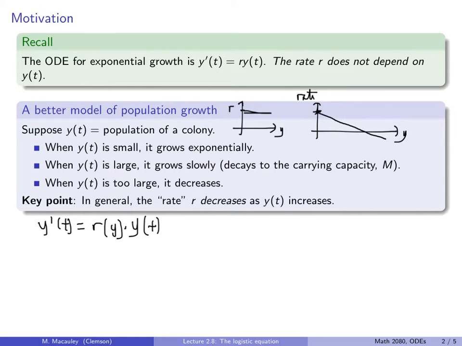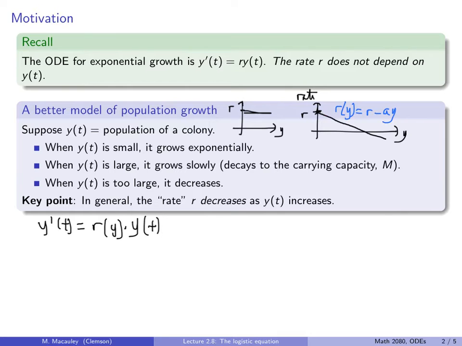So if this is r right here, let's say that this has slope negative a, so let's write this as r of y equals r minus a times y. Okay?